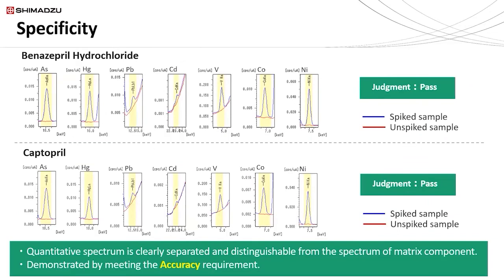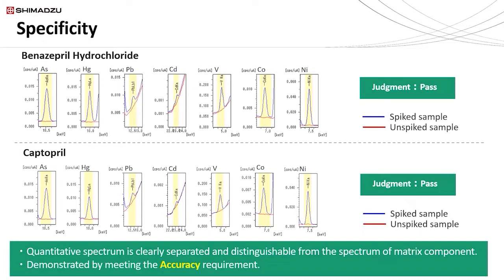Specificity. Now, in USP 735, if you meet the accuracy requirement, you don't think about specificity because you've met it. So I'm going to talk about what specificity means. It's essentially the ability for the instrument to, you can think about it as if you spiked one element within this matrix, would that influence the content of the other elements?